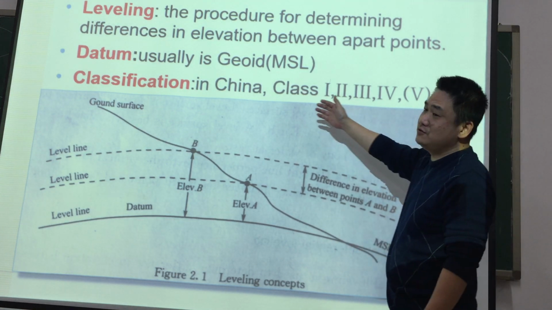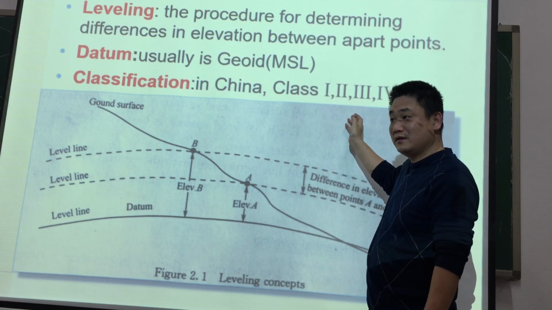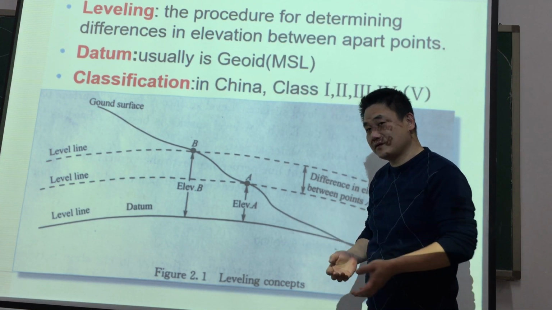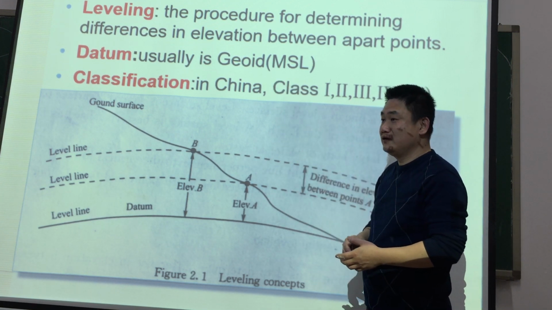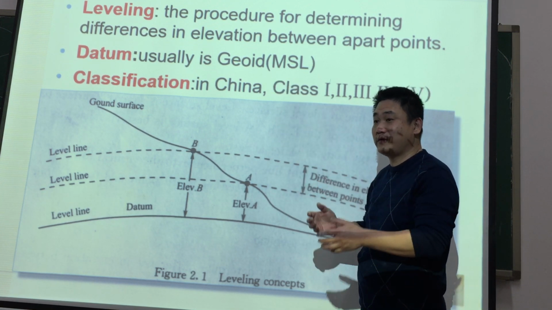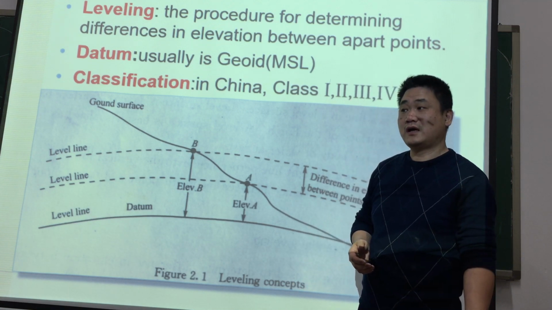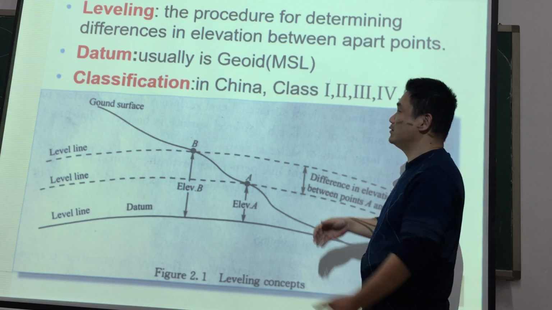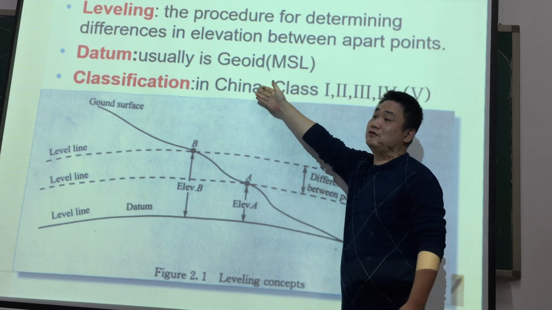So maybe in your country, the classes are not like this. If you want to do control survey or other precise leveling survey, you must find out your own specification. Understand that? Okay. In this course, we just use the specification of China.